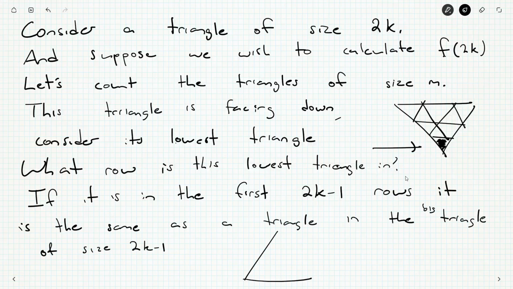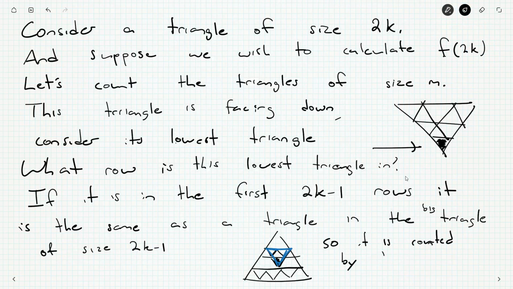And you might want to draw a little picture. So here's our bottom row. And so here's this triangle. Let's say it's this one here. So it is counted by f of 2k minus 1.